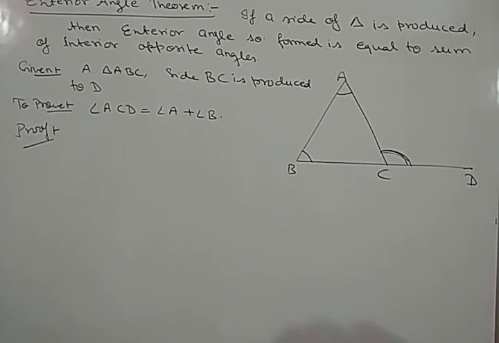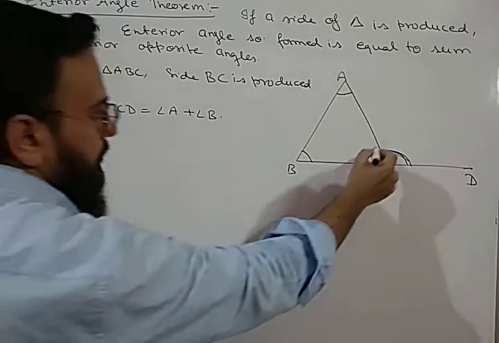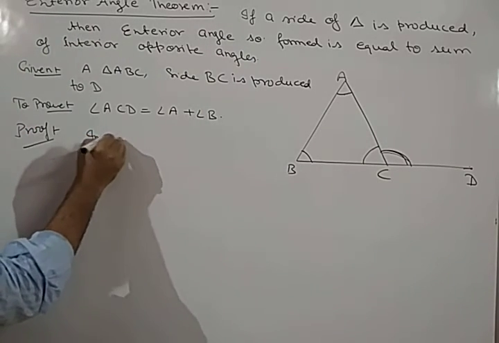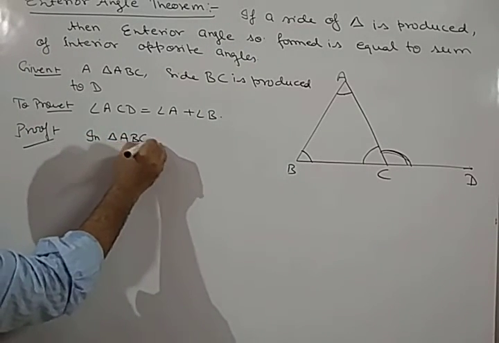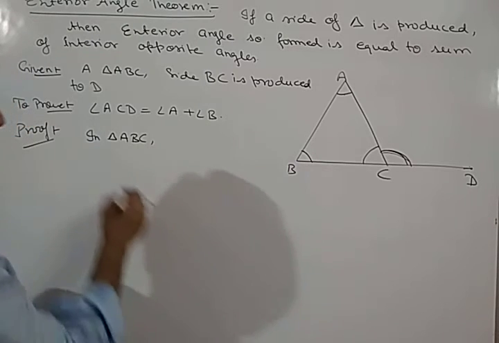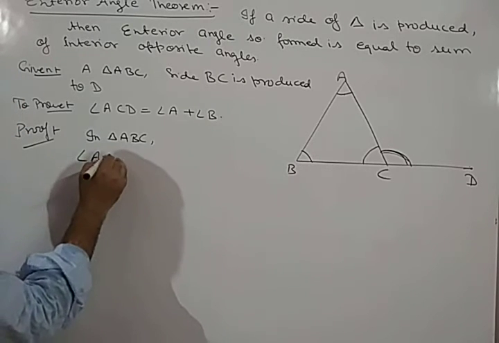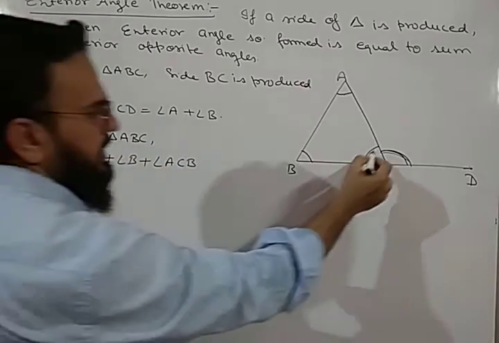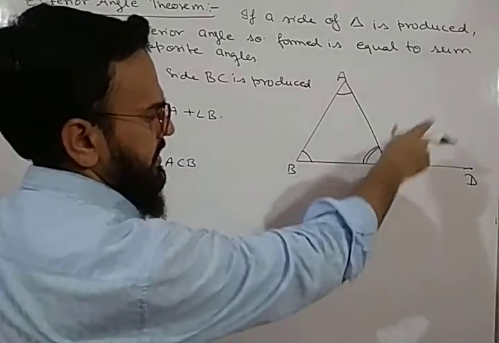So how can you prove it? First we consider this triangle ABC. So in triangle ABC, if we apply the angle sum property, then what will it be? Angle A plus angle B plus angle ACB.